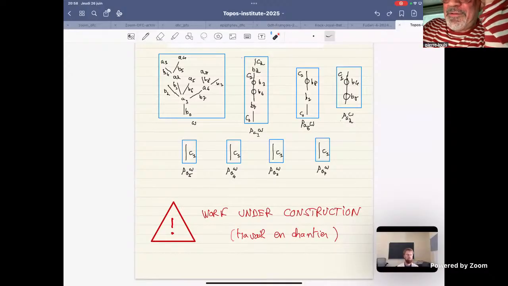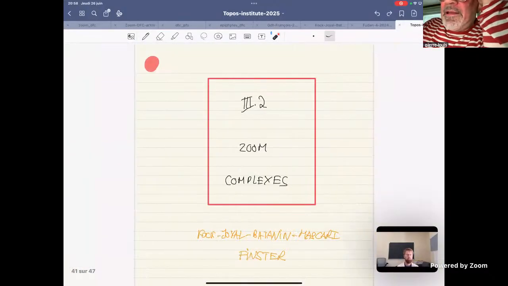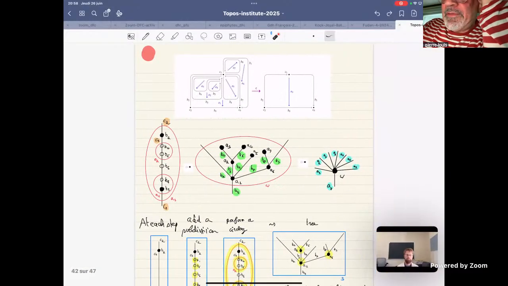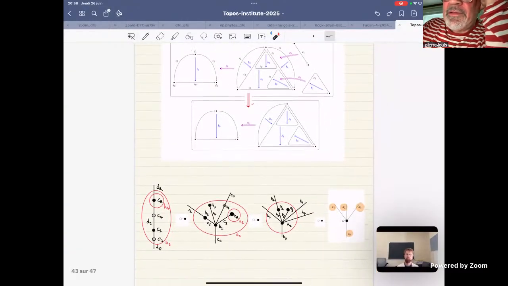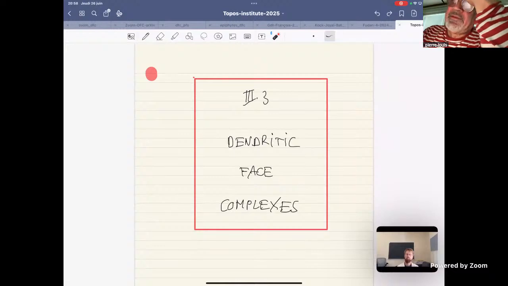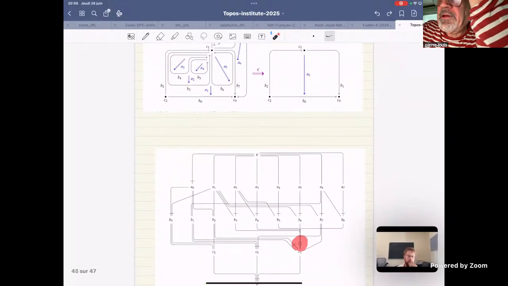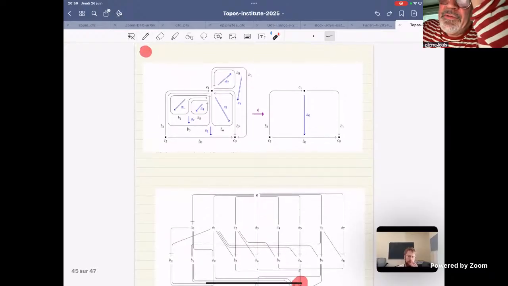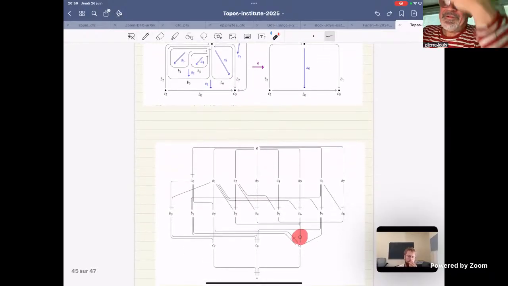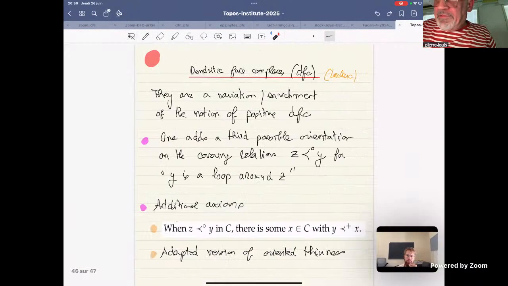It's still under construction. And finally, something that is not in construction, but was also completely settled by Louise, is the lifting from positive dendritic phase complexes to dendritic phase complexes. And this is really her own work: she found the way to insert these loops into the framework of dendritic phase complexes by adding a third option.